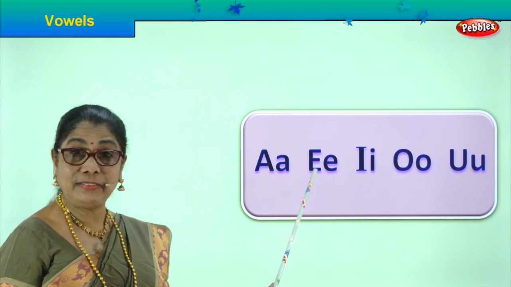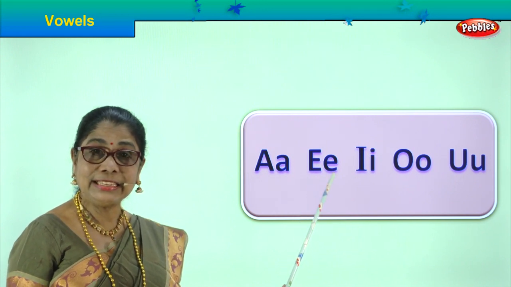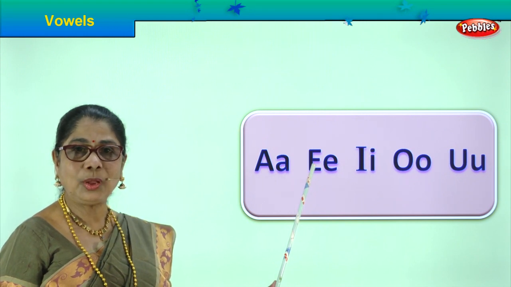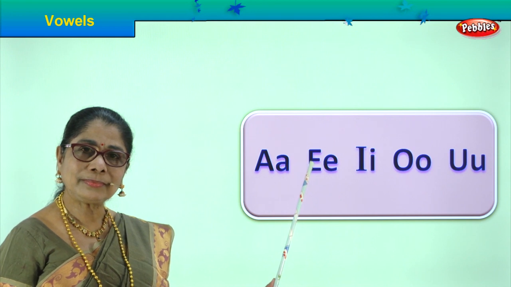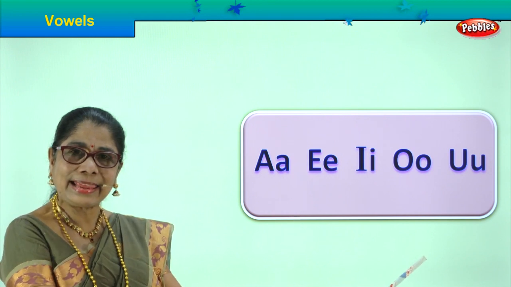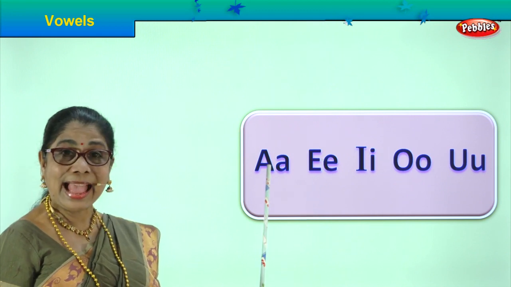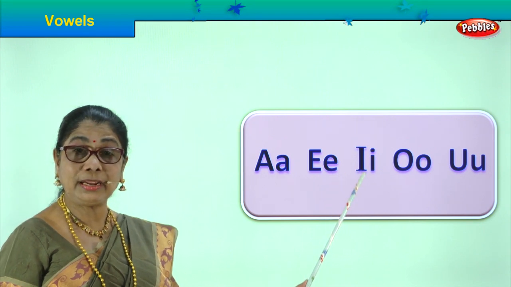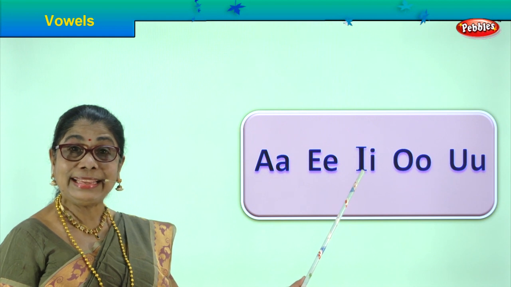Now next vowel is E. Capital letter E, small letter E. Egg. What's the sound of this letter? E. This is I, capital I, small I. What is the sound of I?